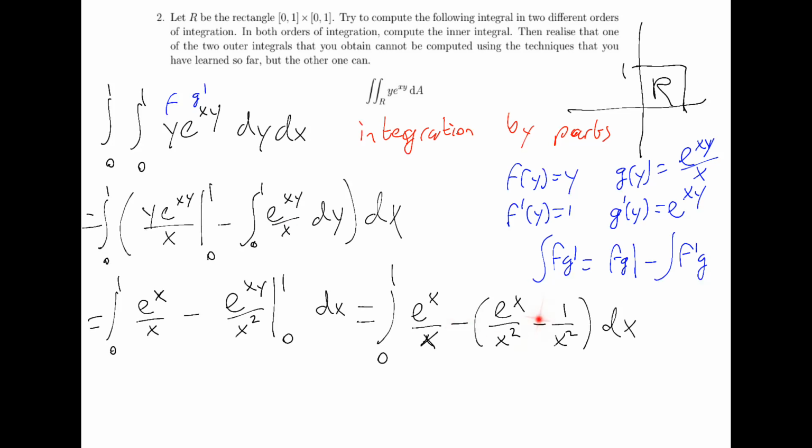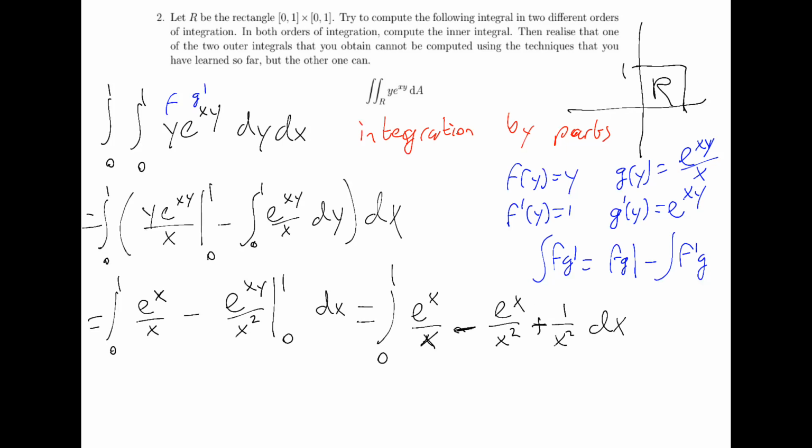This minus with this minus becomes a plus. So this becomes a minus, and that becomes a plus. Okay, that's a little bit ugly. So you get this integral.